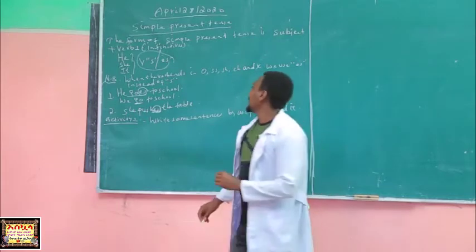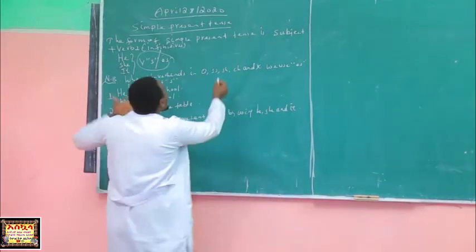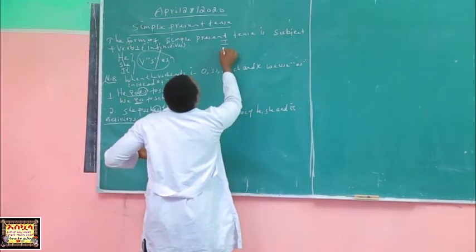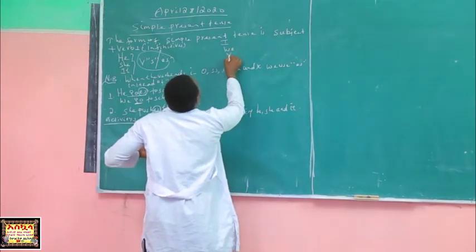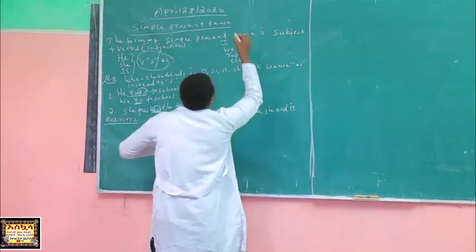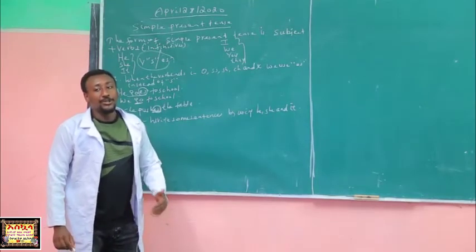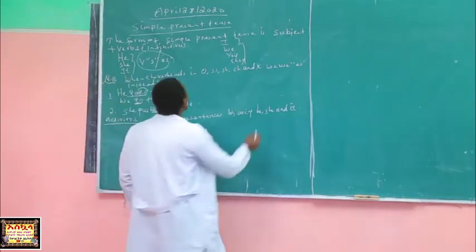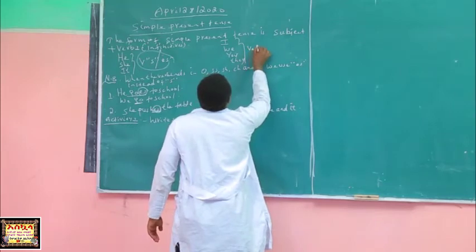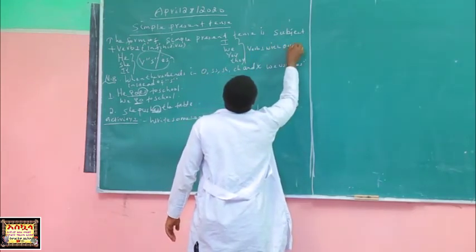Good, thank you. Now, the second is when the subject becomes I, we, you, and what? They. In English we have this kind. I, we, you, and they. We use verb 1. Without what?